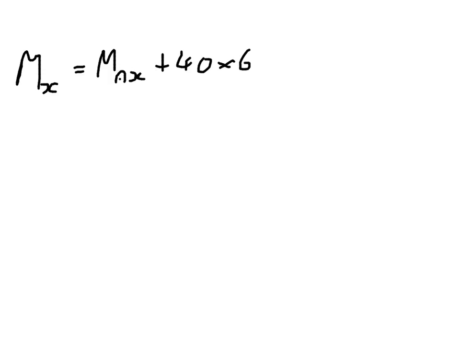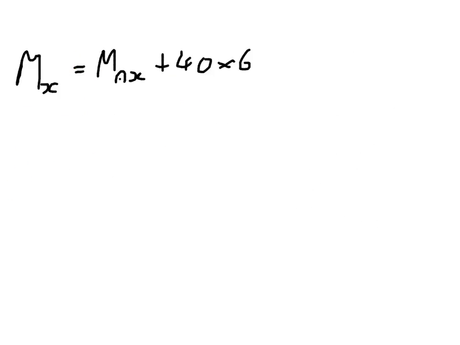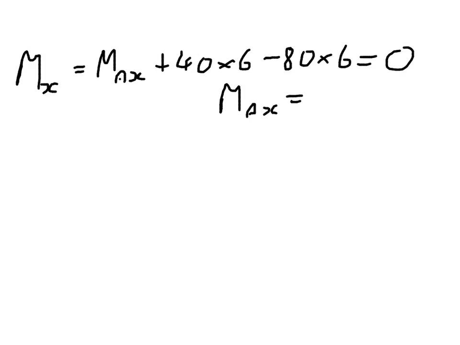It's trying to turn it anti-clockwise, because it's pulling upwards, 6 metres away. I've also got 80 kilonewtons acting also 6 metres away, but in the opposite direction. So I can rearrange that to find MAX, the moment at A about the x-axis, 240 kilonewton metres, and that's going to be going anti-clockwise, which is the direction we originally assumed.